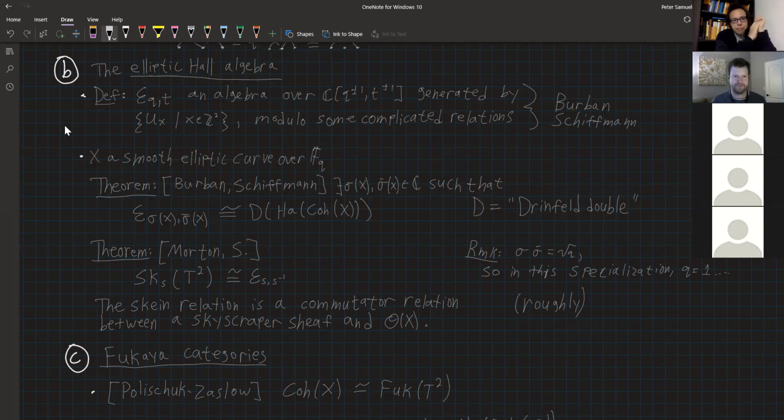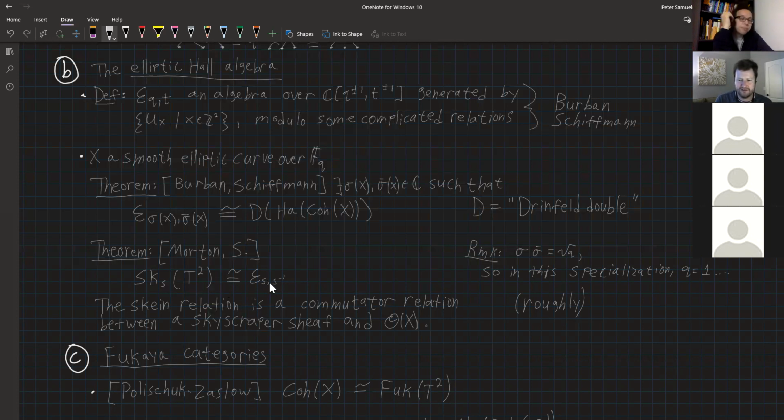Okay. So earlier when I talked about the Skein algebra for the torus, I said that one special case of this commutator relation is exactly the Skein relation.